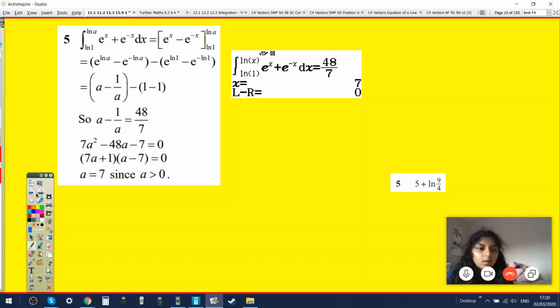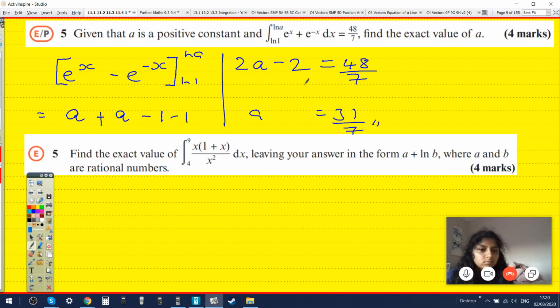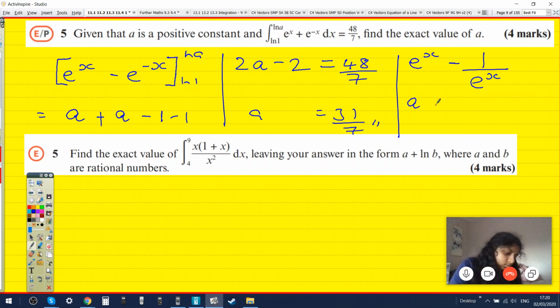Yes, we're doing too much in our heads. Let's see. I think this integral looks good. It's the next step. Another way of writing that would be minus 1 over e to the plus x. And so this one, e to the ln a, is a, minus 1 over a.